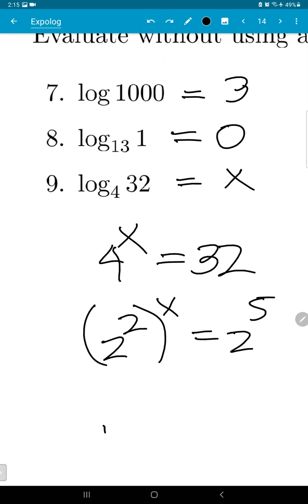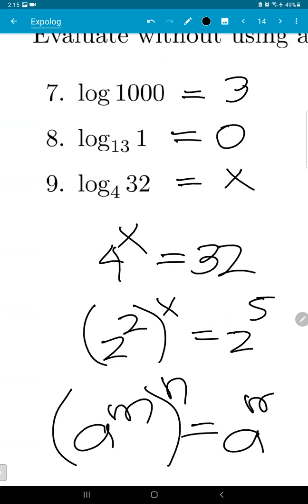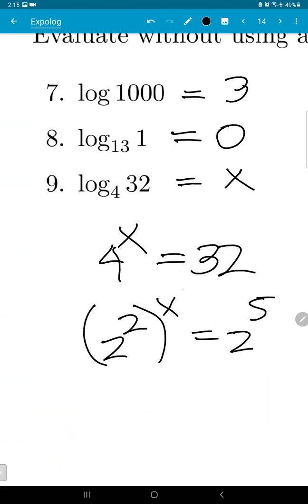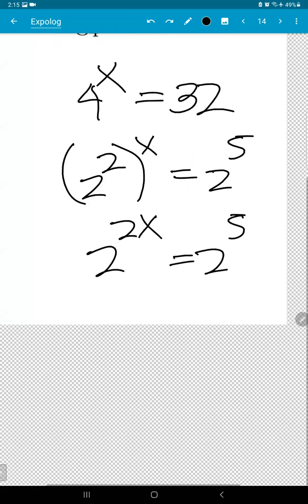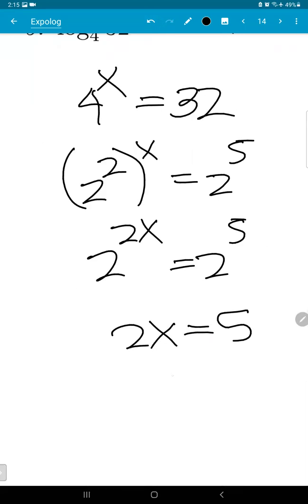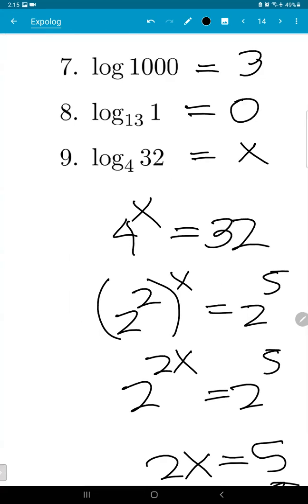Let me give that again. a to the m to the n equals a to the mn. In other words, if you have an exponent within an exponent, you just multiply the exponents. So 2 times x. And once you have the same base, you just equate the exponents to each other. 2x equals 5, so x equals 5 over 2, or 2.5, as we found.